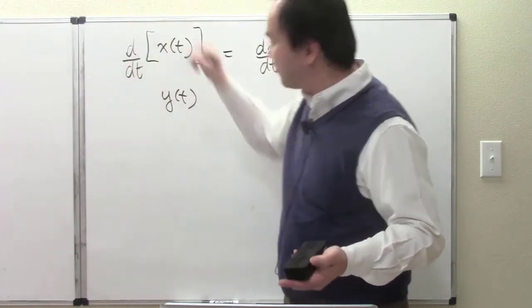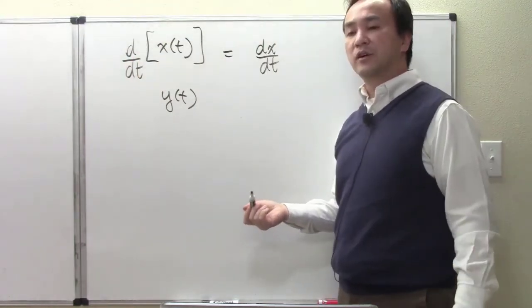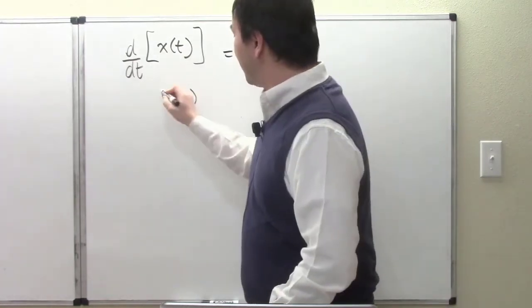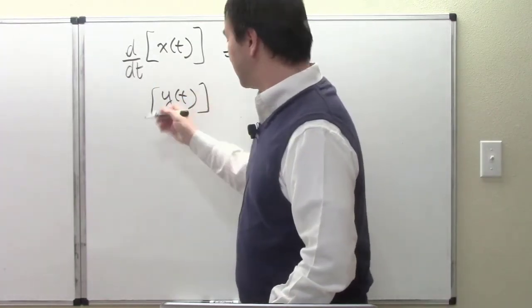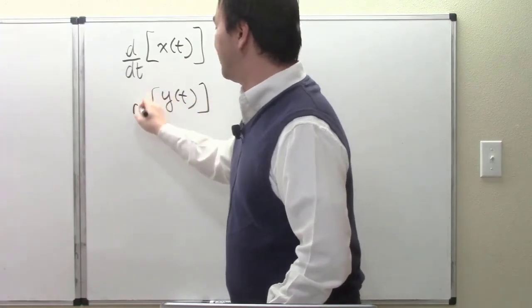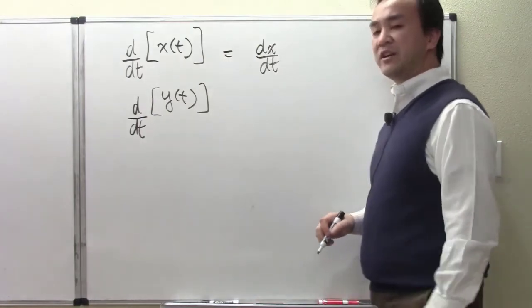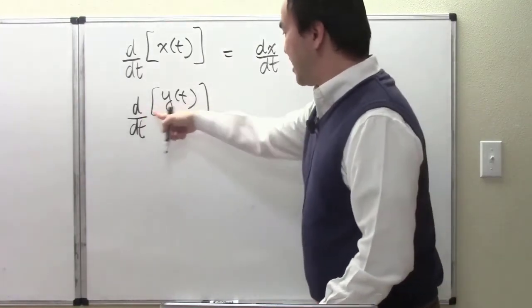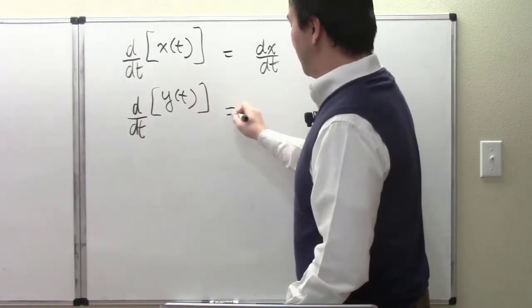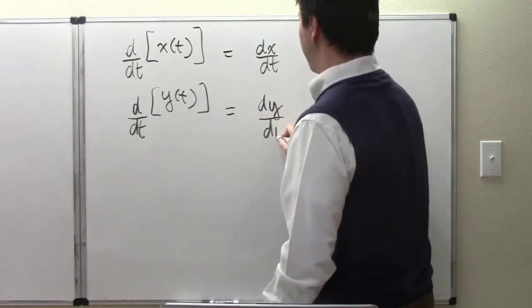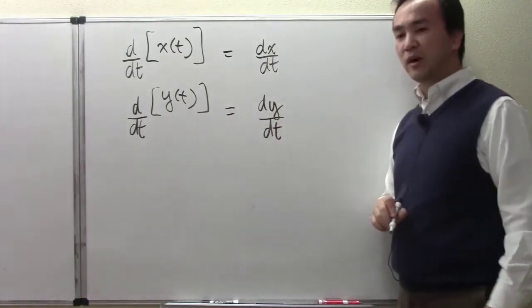I'm using that same operator we've been learning throughout all of those video lectures for calculus. And so I can also take the derivative of the y function in respect to t. So differentiating y in terms of t, consequently, we will end up with a dy dt. That's a dy dt.